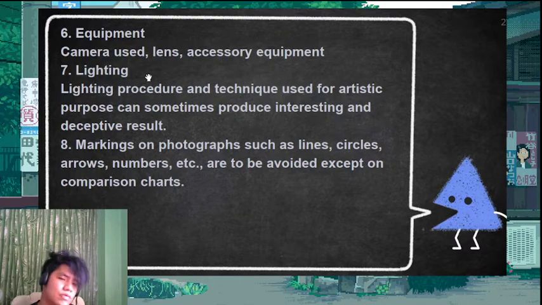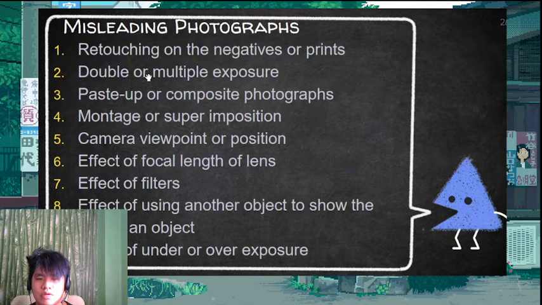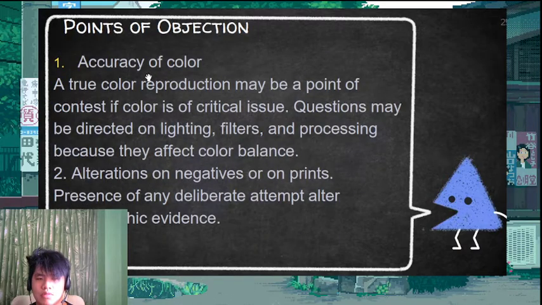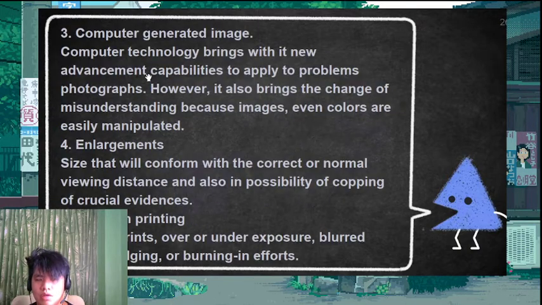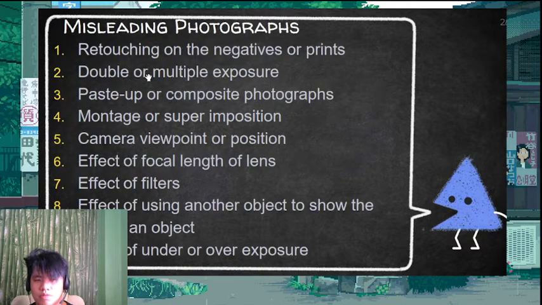Equipment: what did you use? The equipment and the event settings, like aperture, should be put in the photograph log. Lighting: what lighting was used, and the markings on the photographs. This is where they usually point their objections.